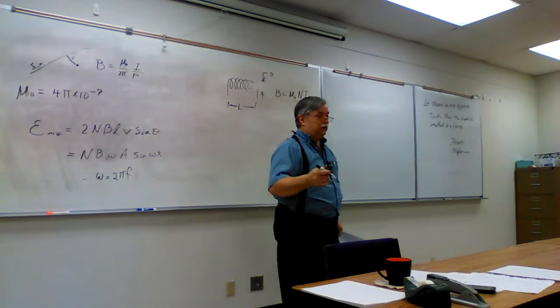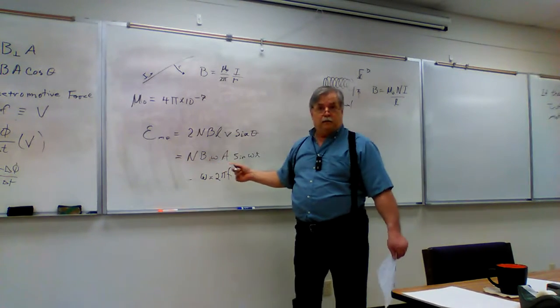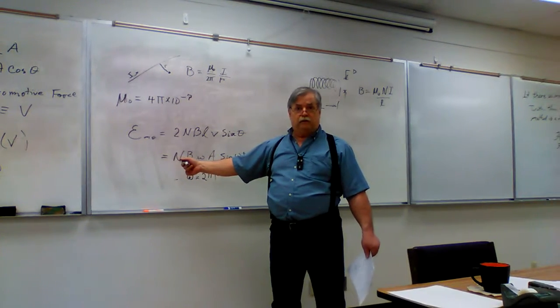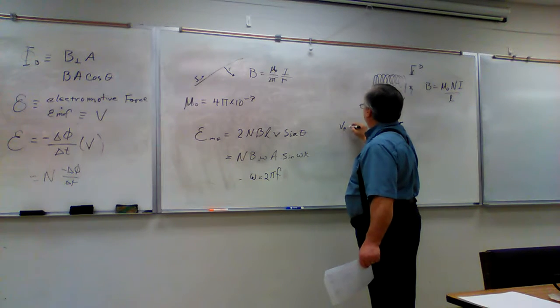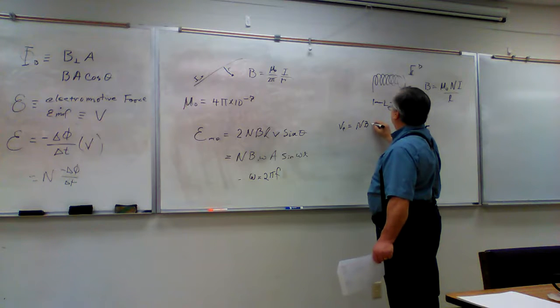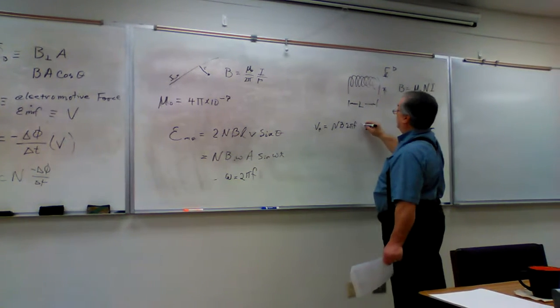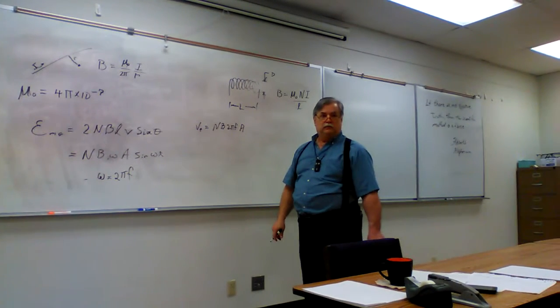That means if you're asked for the peak voltage generated by this generator, it's simply NB omega times the area of the loop.